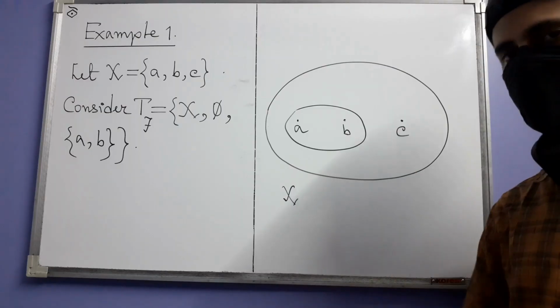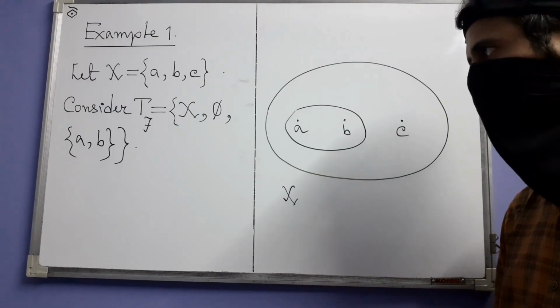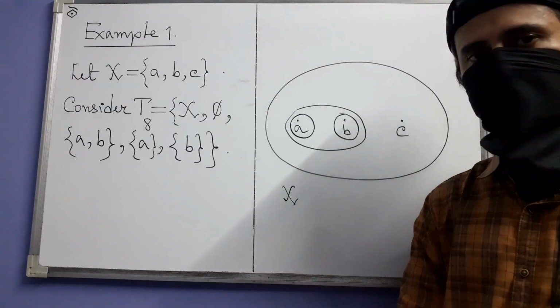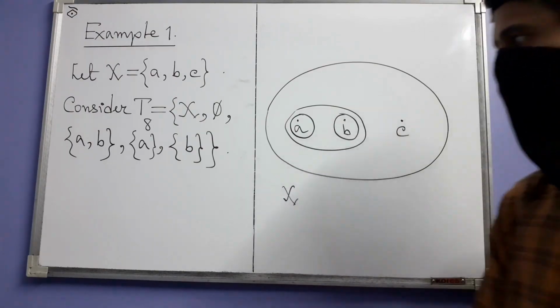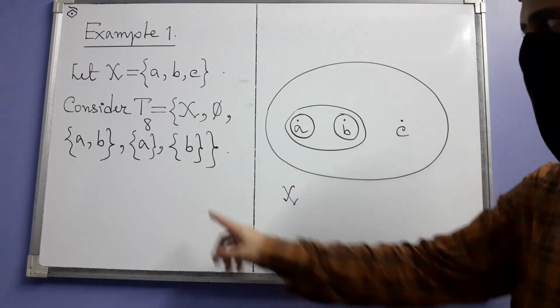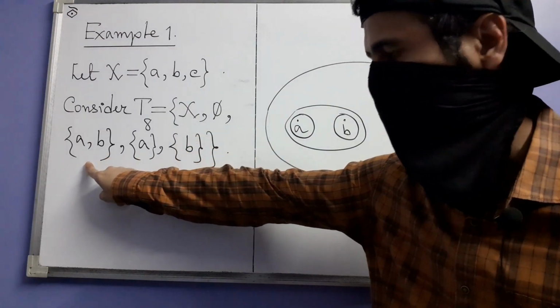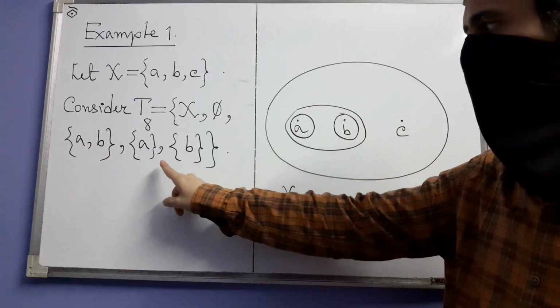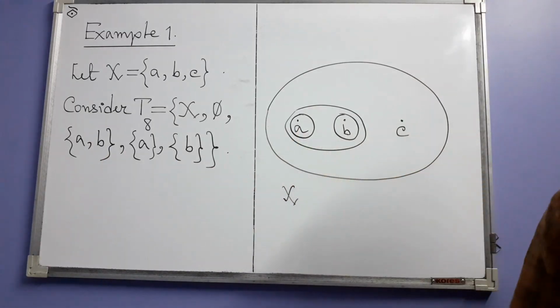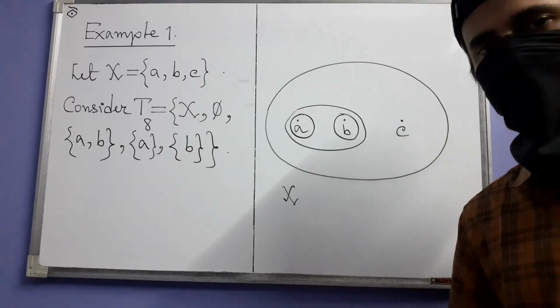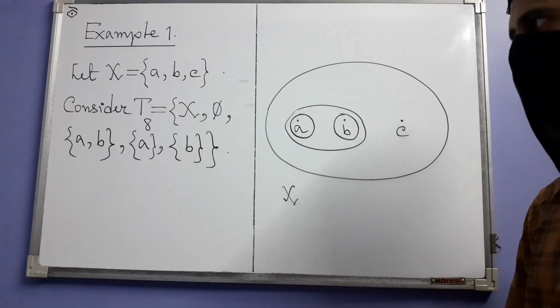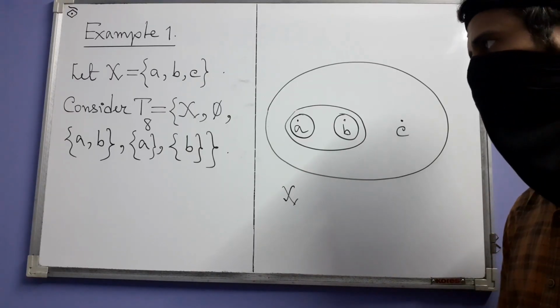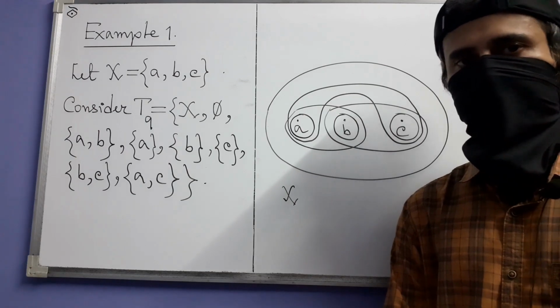And we have two more. The next one is T8. In this one, we have the pair set A comma B and the singleton sets A and B. This is also another topology on X. And then there is one more. Final one is T9.